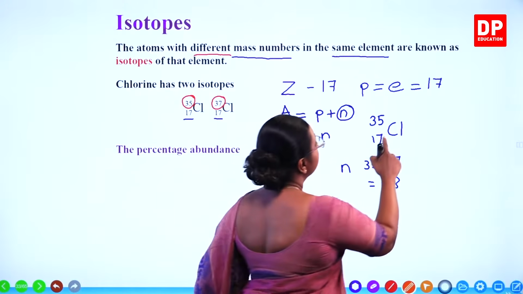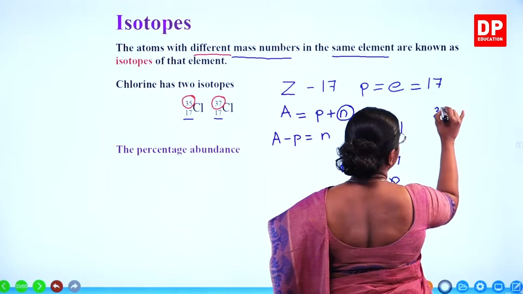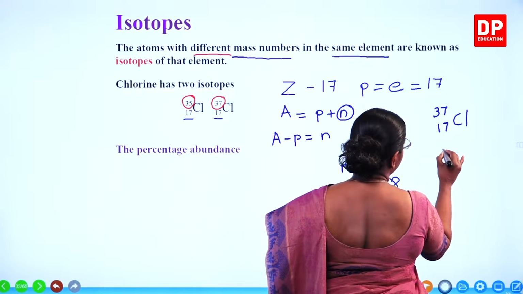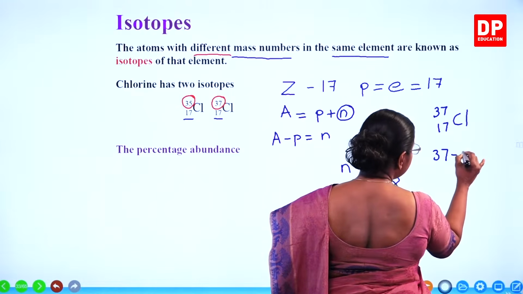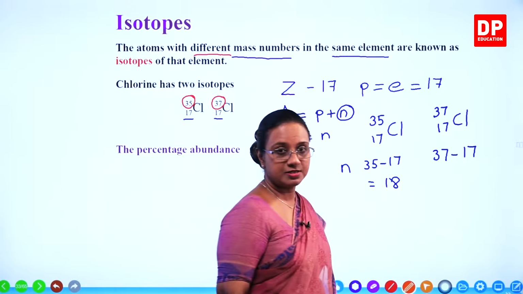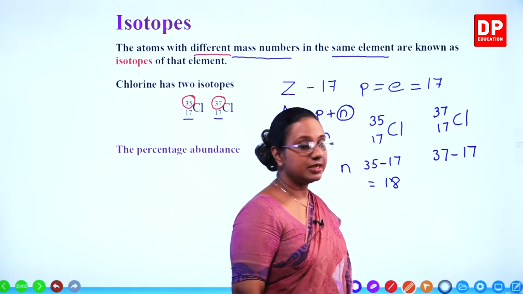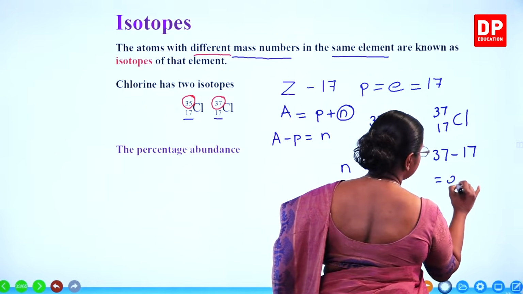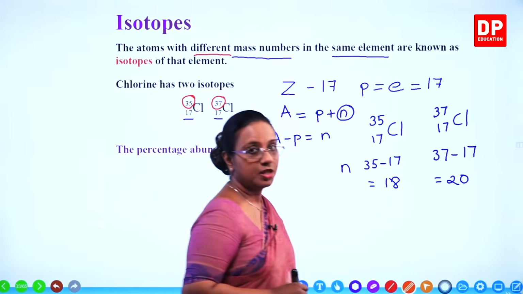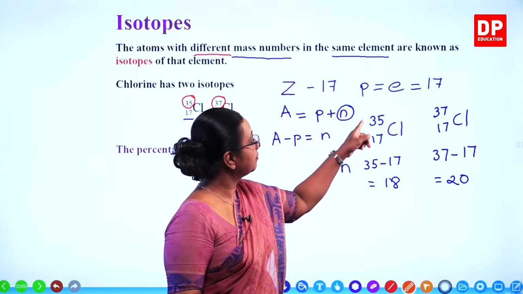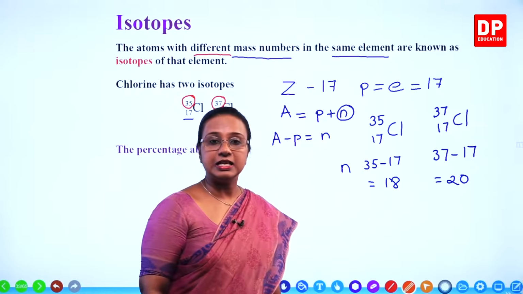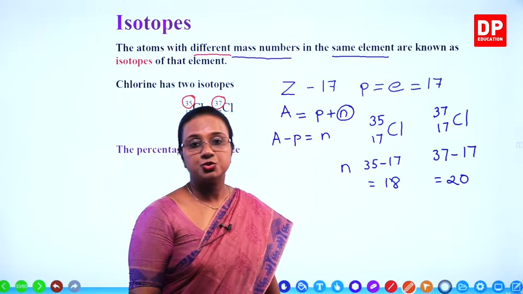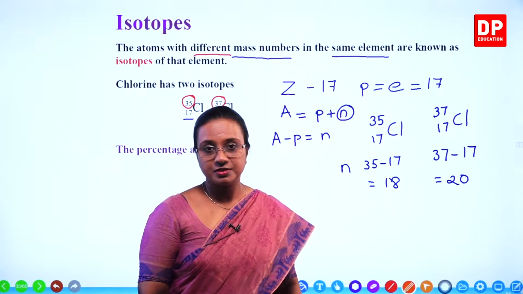For the next isotope, 37 17 chlorine, we have to subtract 17 from 37, since the mass number here is 37. So, here we have the value 20. So, one isotope of chlorine has 18 neutrons and the second isotope of chlorine has 20 neutrons.